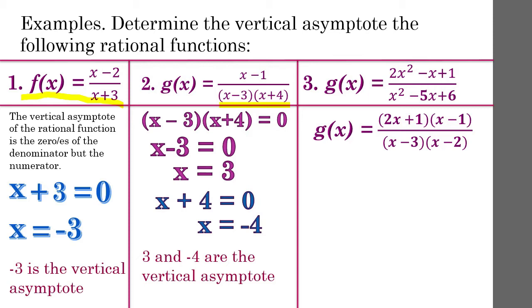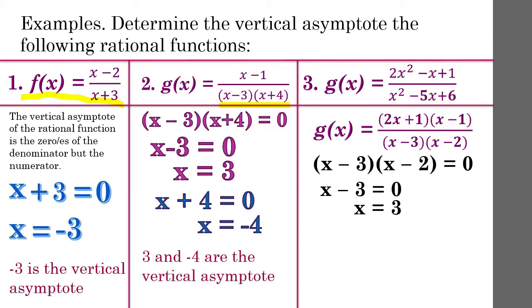Okay, so since the denominator and the numerators are factored already, let us equate the denominator to 0. So x minus 3 times x minus 2 equals 0. Equating each factor to 0, x minus 3 equals 0. Therefore, x is equal to 3.